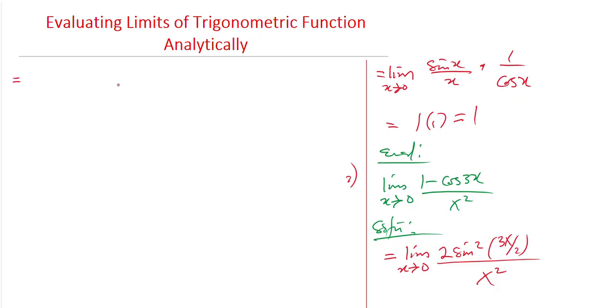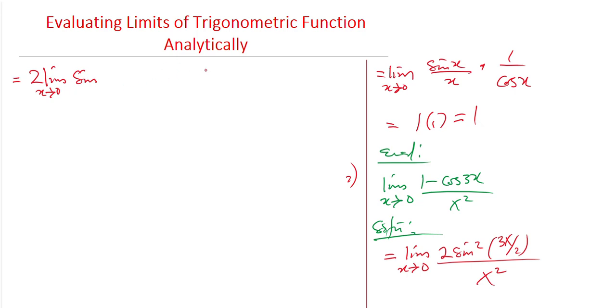Let's separate the constant there to multiply the limit as x approaches 0 of sine square 3x over 2 all over x squared.